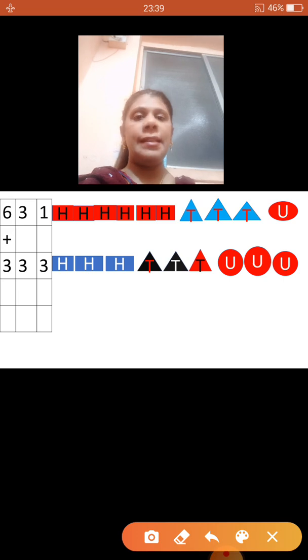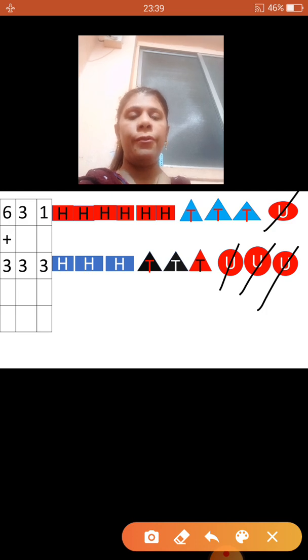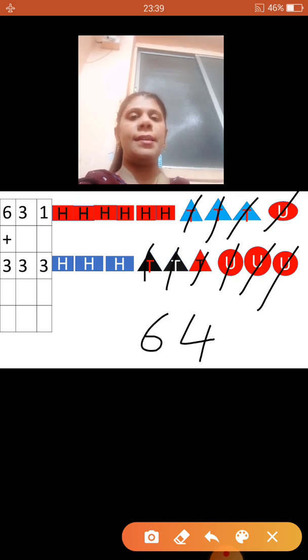Okay. So first let us count the units. How many units we are having? 1, 2, 3, 4. 4. Okay. Now how many tens? 1, 2, 3, 4, 5 and 6. So 6 tens.